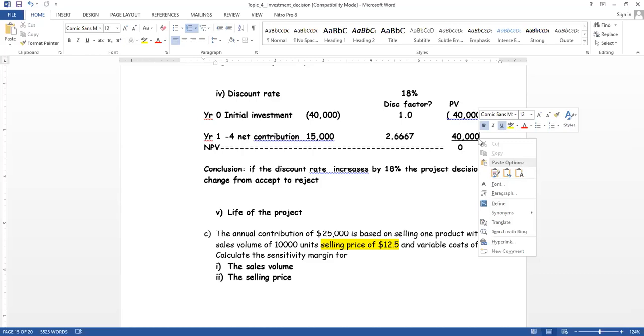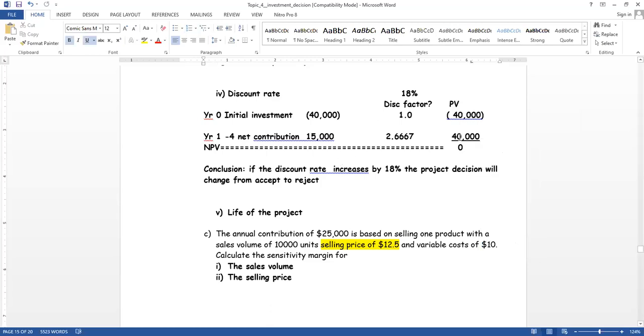So 40 against 40 will give me 0. But to arrive at that, I have my contribution of 15. So if I get this 40 divided by 15, it gives me an approximate figure for the discount factor, which is 2.66.